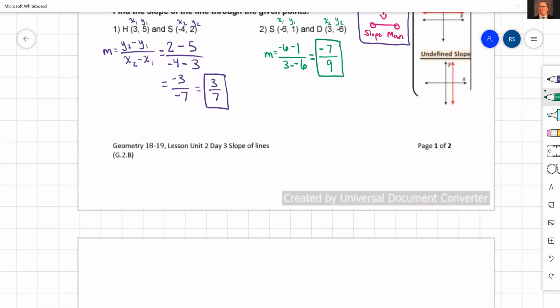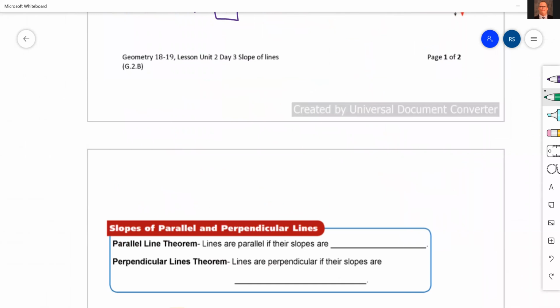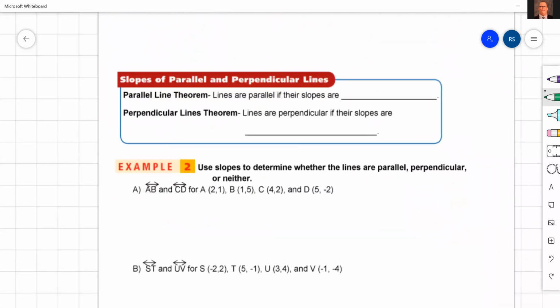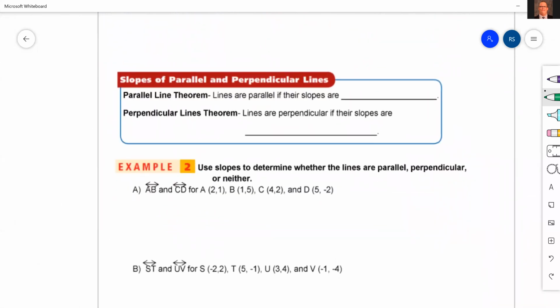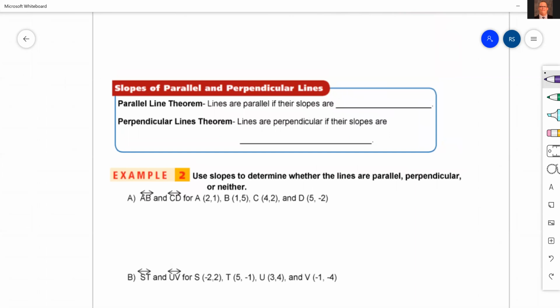Okay, let's move on to the back of the notes now. So now we're going to take slope and apply them to determine if lines are parallel or if they are perpendicular. So the parallel line theorem says that lines are parallel if their slopes are equal.